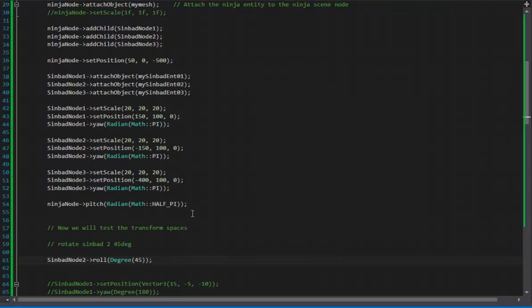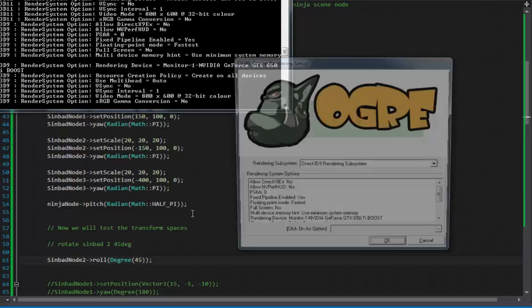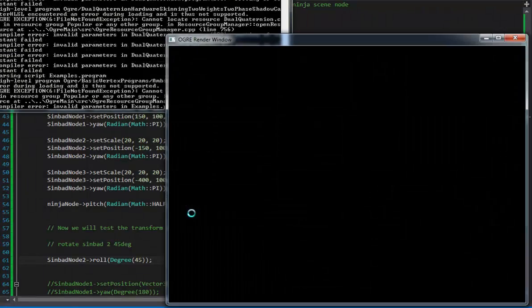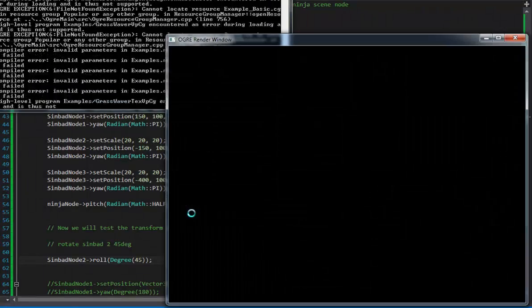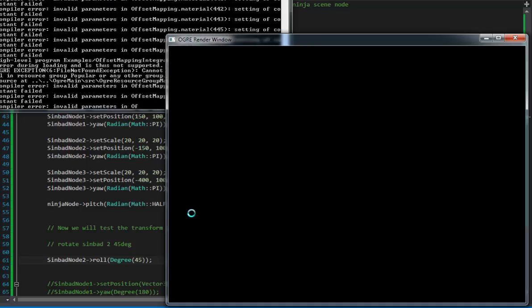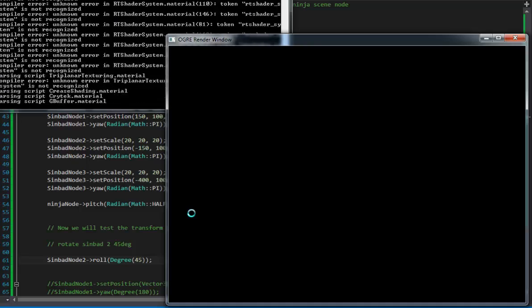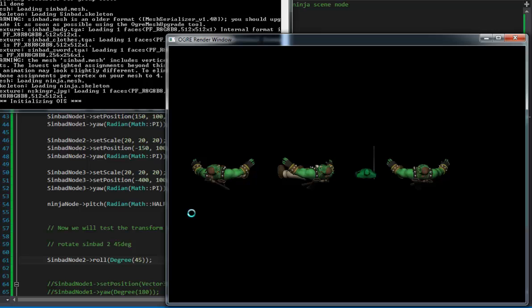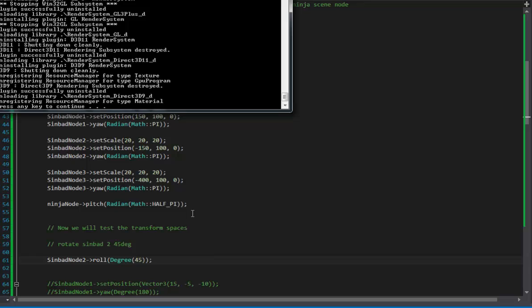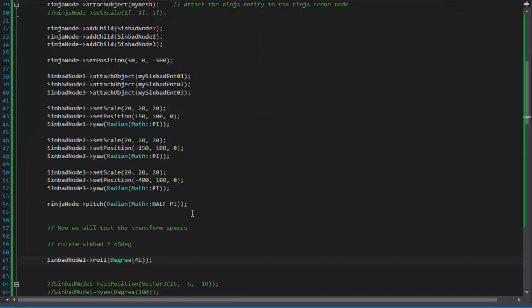The reason that I'm rotating it is so that I could give you the difference between the parent space and the local space. Okay, roll wasn't what I was looking for. Then let's try the pitch.